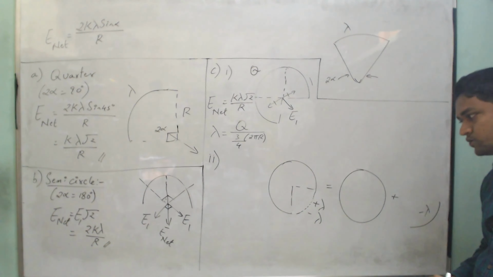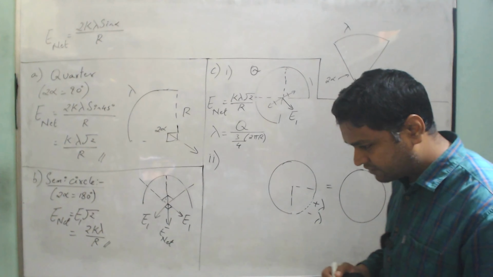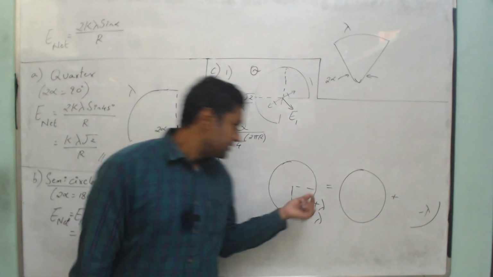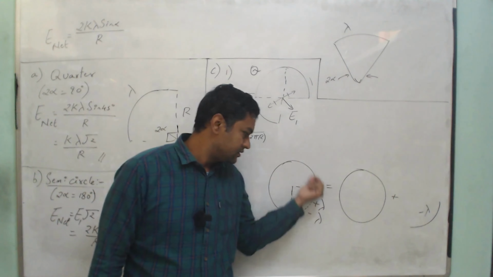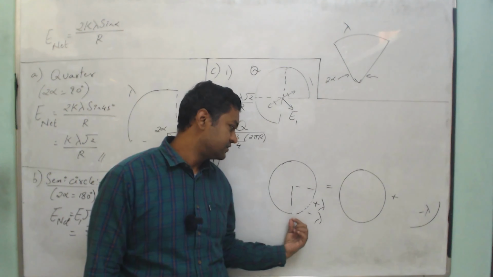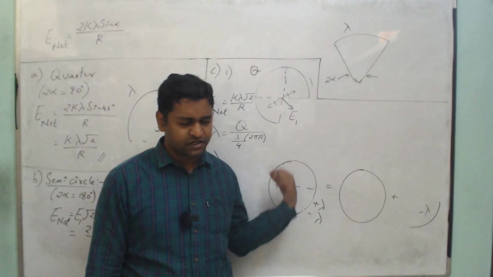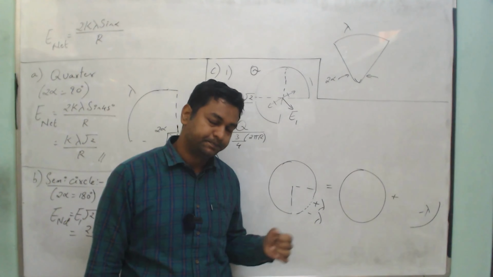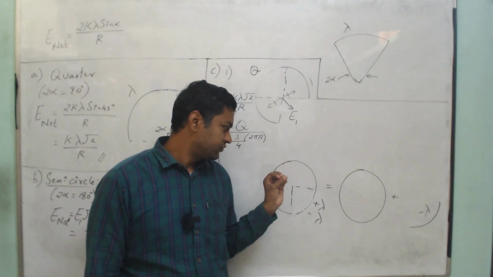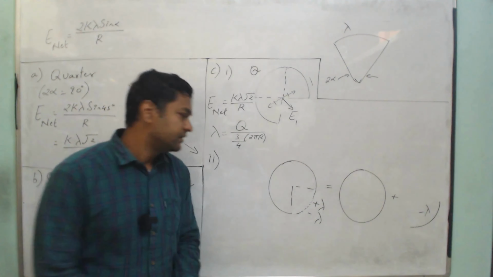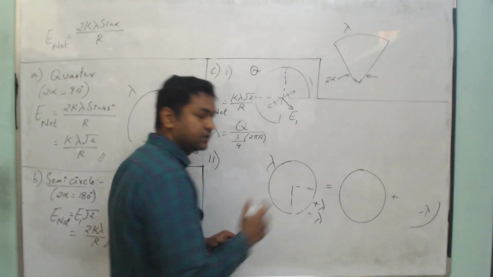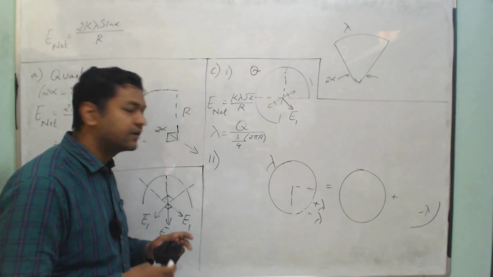Correct? So, the statement that we have to get used to in future also is, in the question it is given 3 quadrants or 3/4 of the circle has a linear charge distribution. Find the electric field at the center. So we will say add, it is given in the question that the lambda is given for the wire.